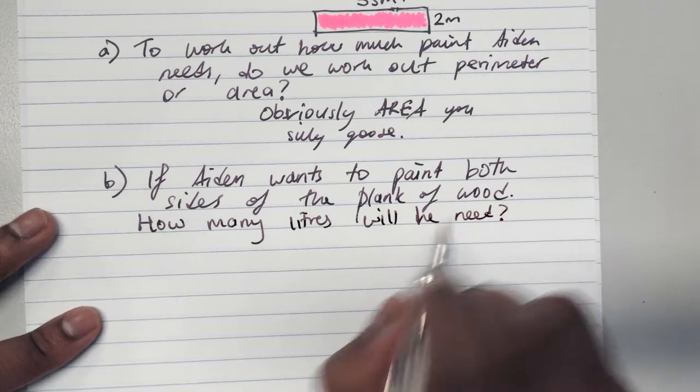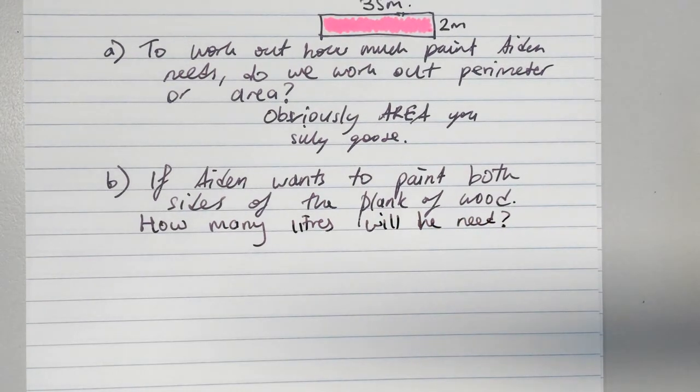Now this question gets a little bit more real life application. So not only do we have to work out the area, we need to work out how many liters of paint he will need.